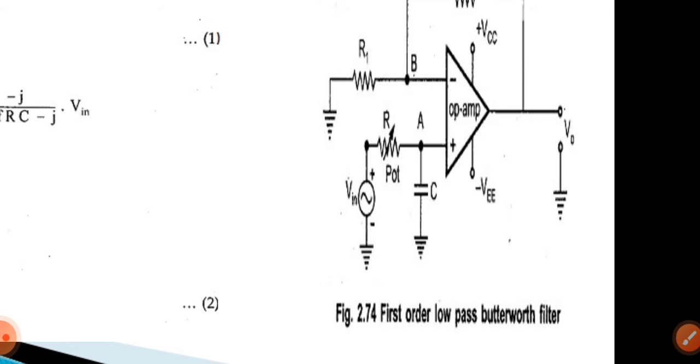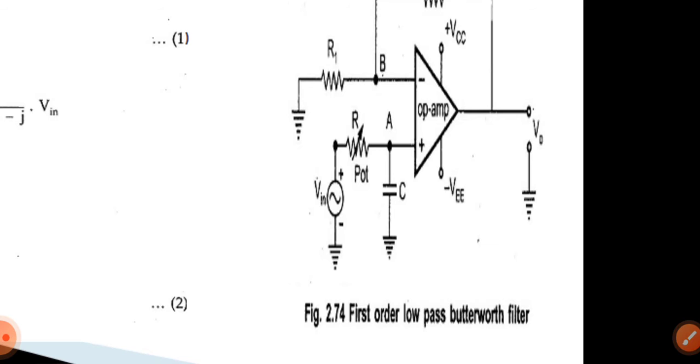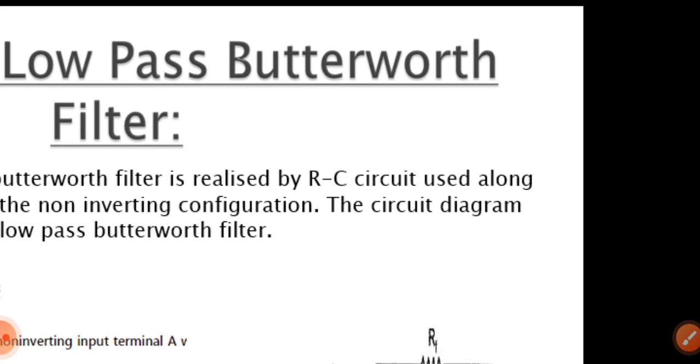Thus the low pass filter has a constant gain from 0 Hz to the high cutoff frequency FH. At FH the gain is around 0.707, minus 3 dB. I have explained in the previous video how it comes.